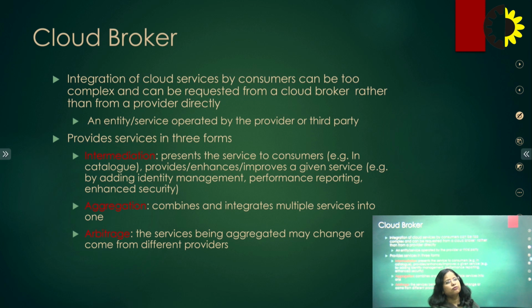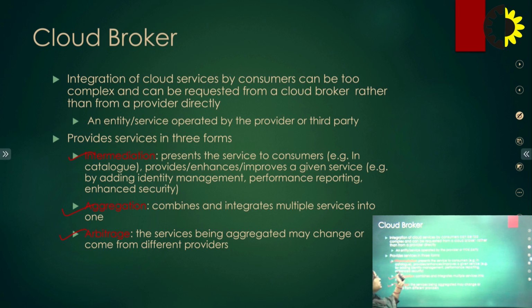Integration of cloud services by consumers can be too complex. So rather than purchasing the services from the cloud provider, the consumer asks the cloud broker to provide the services and directly purchases the services from the cloud broker. It is a third party, and the cloud broker provides the services in 3 forms: first is intermediation, second is aggregation, and third is arbitrage.